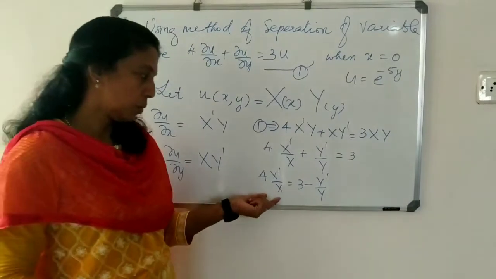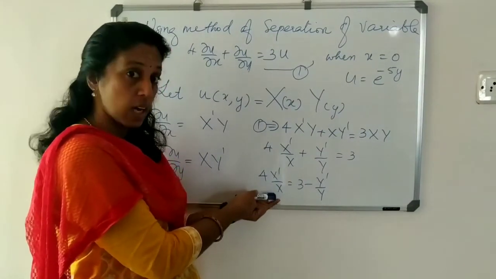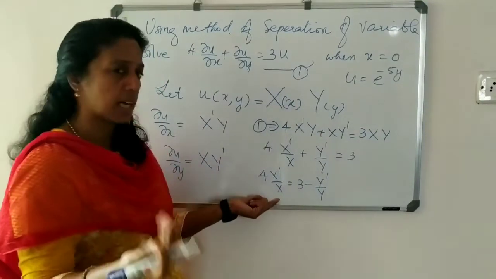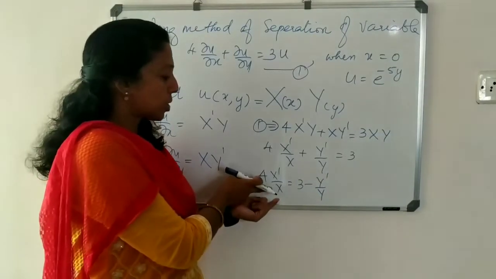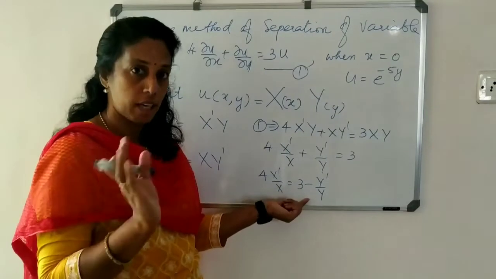Now look at this. Here the left side is a function of x alone, where capital X is a function of x. It can be like sin x, e^x, or a combination of any functions. The left side is a function of x alone, and the right side is a function of y alone.